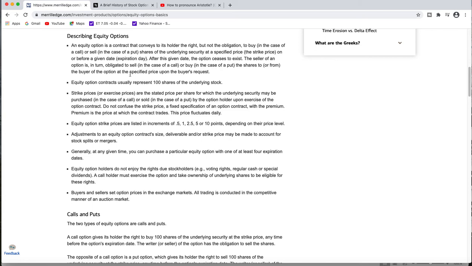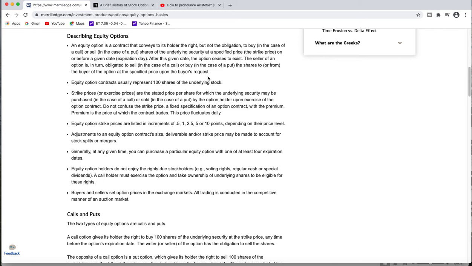The seller of an option is, in turn, obligated to sell. So the seller has to sell. He's obligated in the case of a call, or to buy in the case of a put, the shares to or from the buyer of the option at the specified price, the strike price, upon the buyer's request.